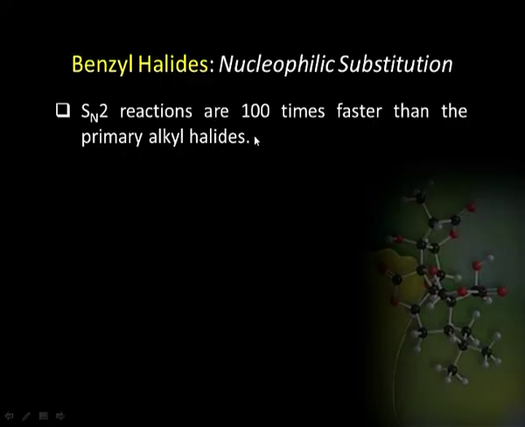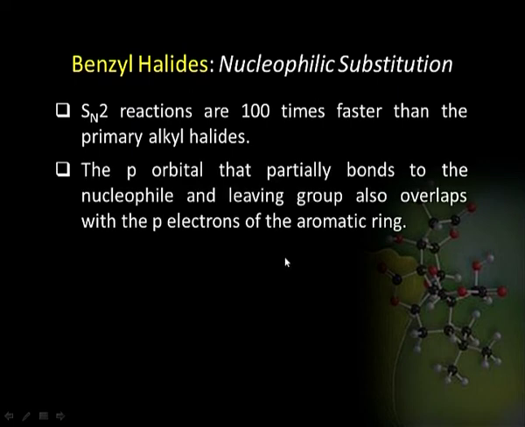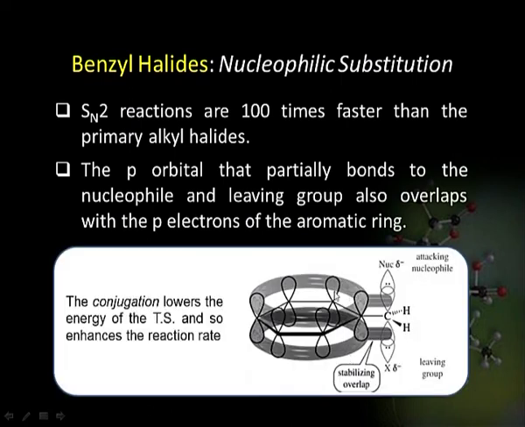The SN2 reactions in case of benzyl halides are 100 times faster than the primary alkyl halides. The p orbital that partially bonds to the nucleophile and leaving group also overlaps with the p electrons of the aromatic ring, and this kind of conjugation lowers the energy of the transition state in case of SN2 reactions.